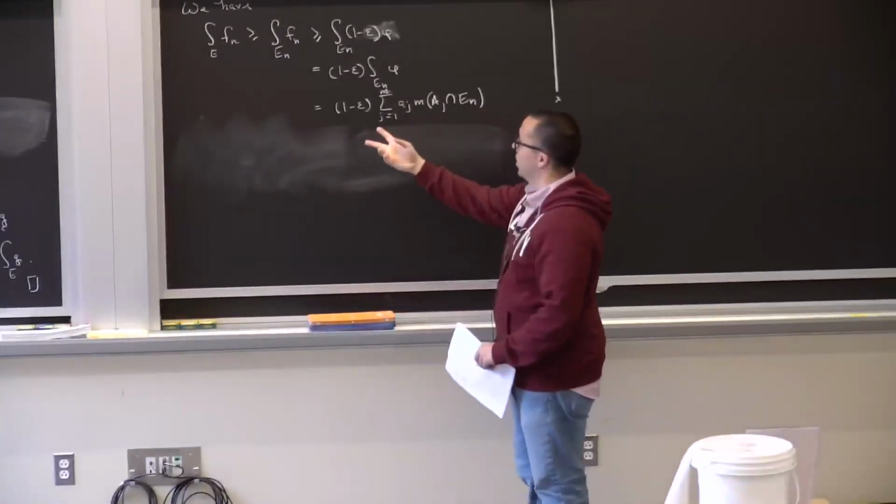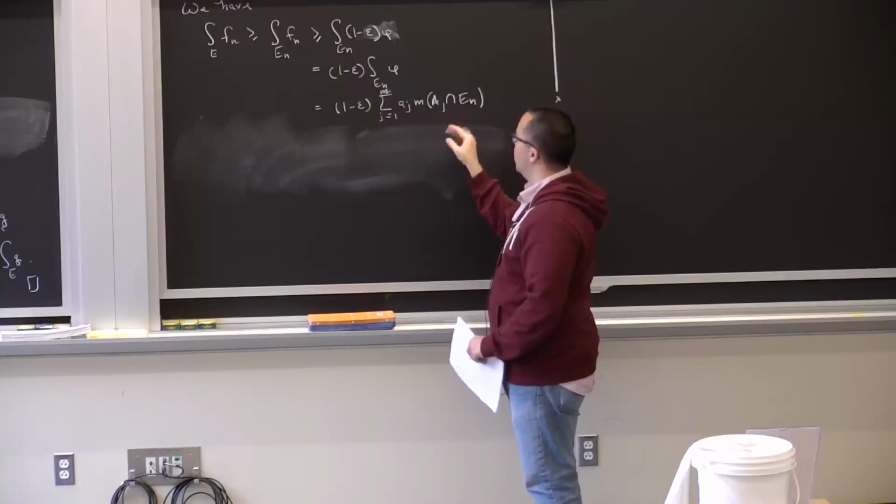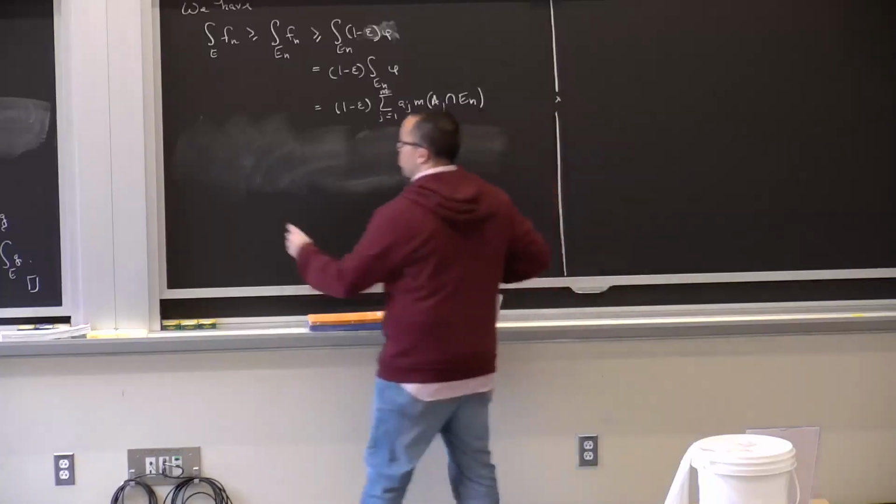We're going to eventually take the limit as n goes to infinity of this quantity, so let's look at what this does as n goes to infinity.